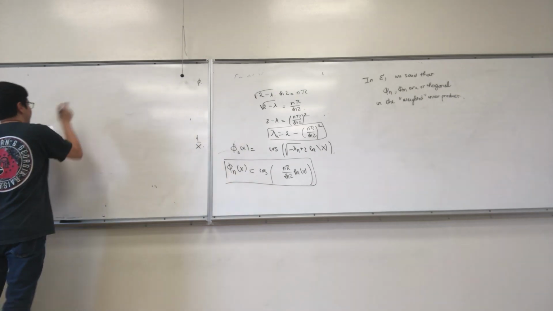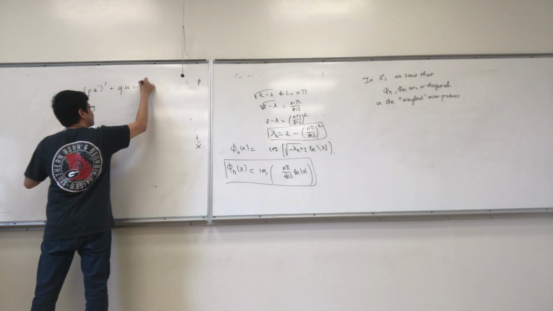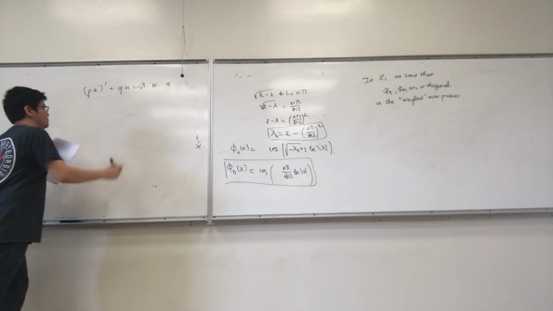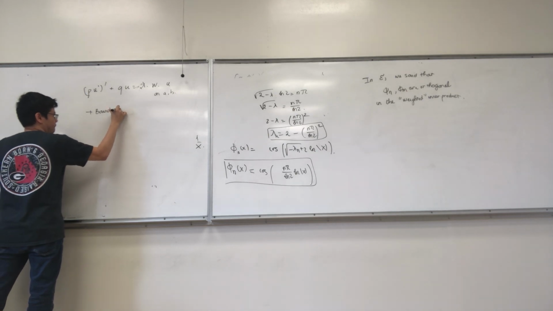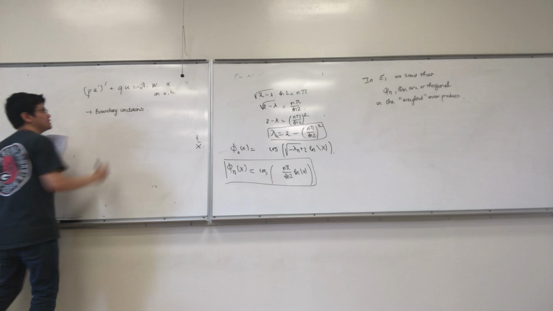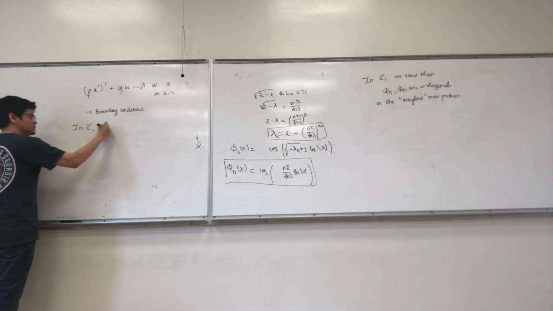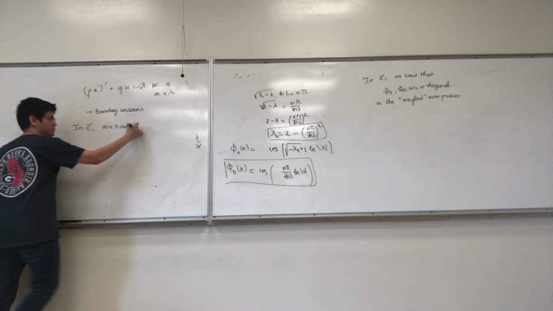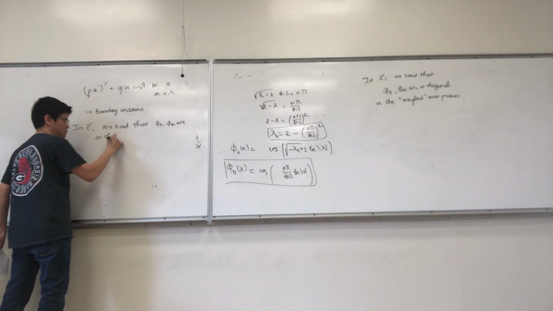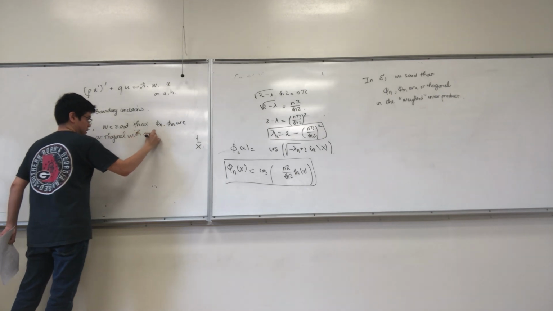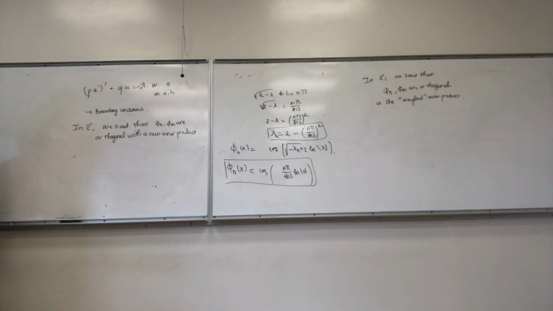In this form you have p u prime prime plus q u equals lambda times w times u on a b, plus boundary conditions. In Sturm-Liouville theory, we said that phi n and phi m are orthogonal with a new inner product. What is this new inner product?